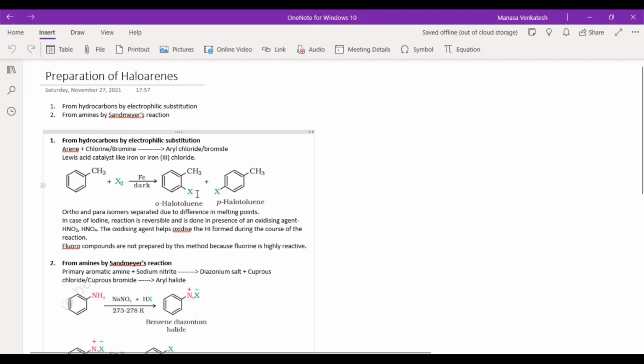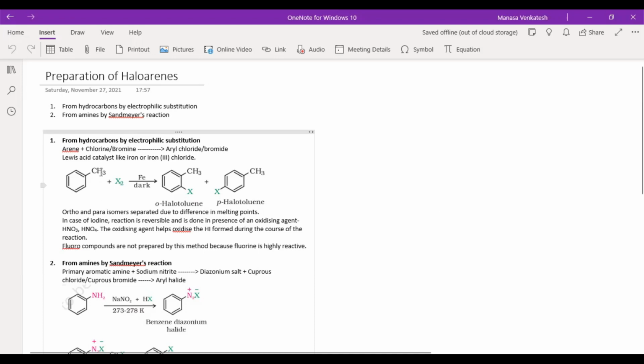Now, when we're talking about iodine, in case of iodine, this reaction can be reversed, which means a few of the products which form will go back to the initial stage. To prevent that, we add an oxidizing agent. The oxidizing agent reacts with the hydrogen iodide which is formed, and this in turn prevents the reaction from going back to the first step.